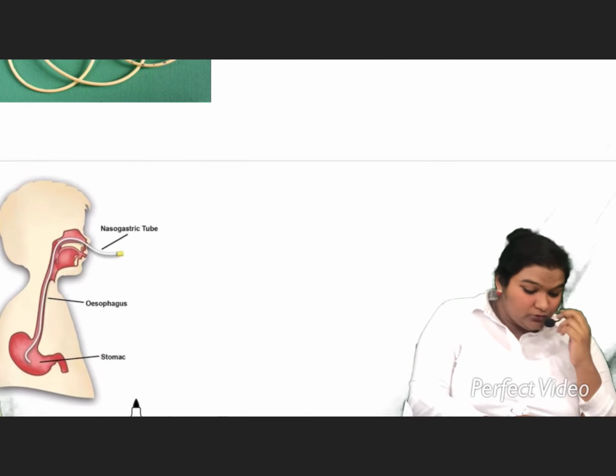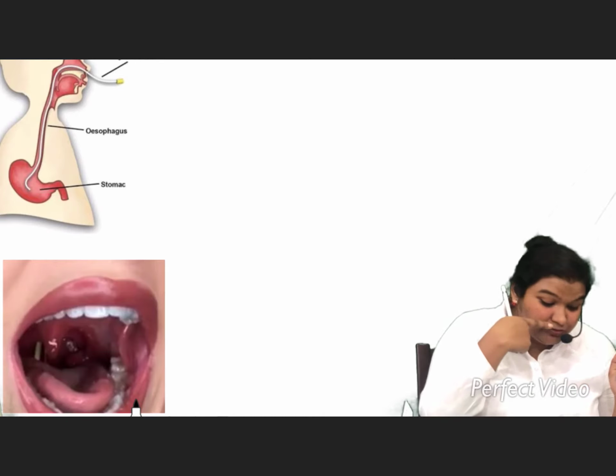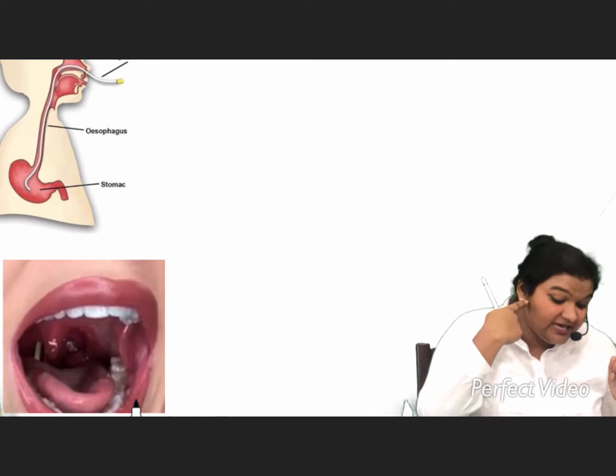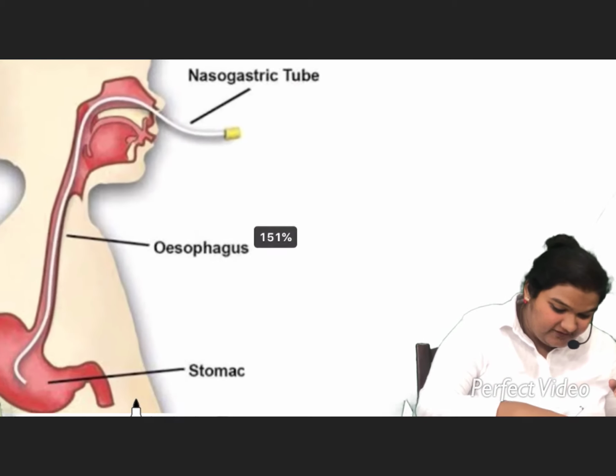So what we'll do, we'll put this nasogastric tube through the nasal cavity into the nasopharynx and into the oropharynx. I will magnify this image.